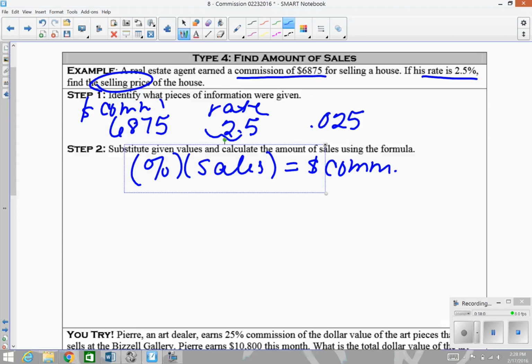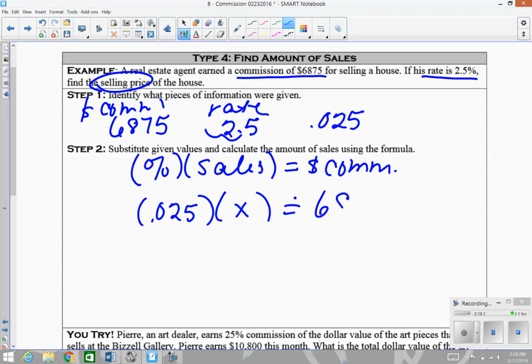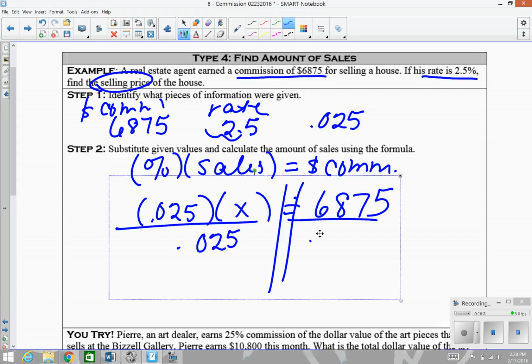We'll substitute what was given. 0.025 times X equals 6,875. Draw your river. Divide by 0.025.